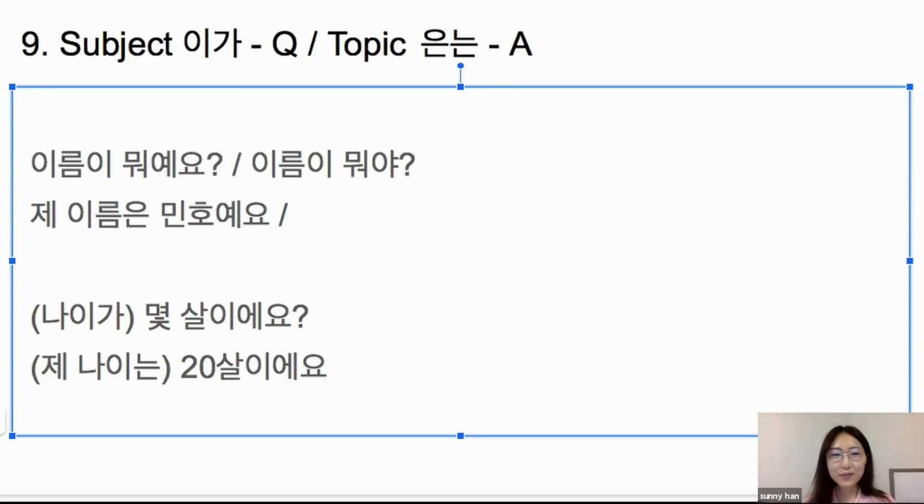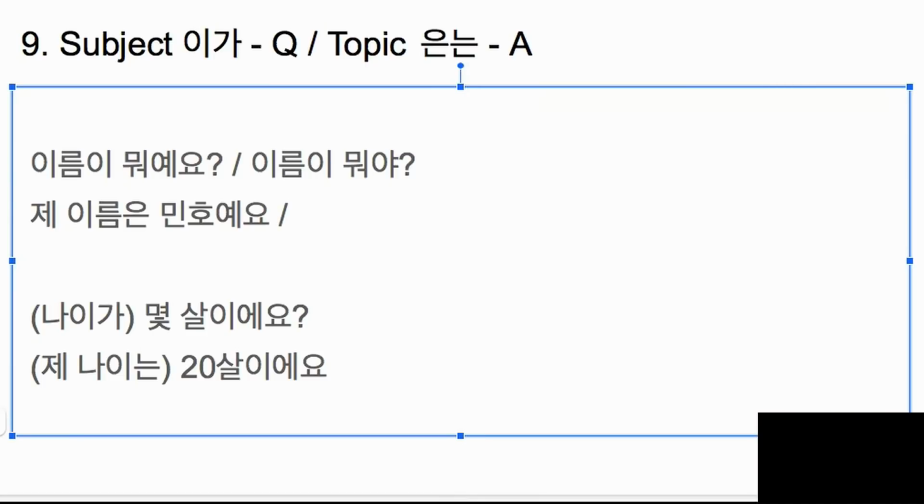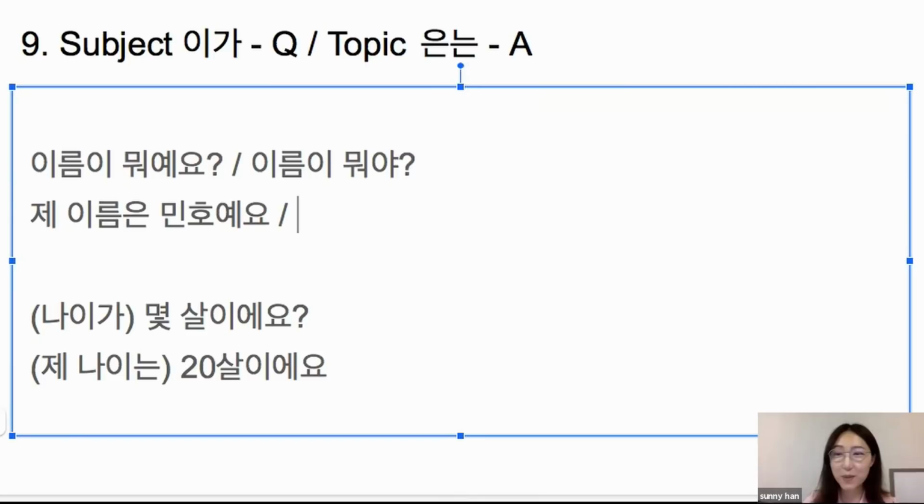For example, in school, a senior comes to you, a male senior who looks like he doesn't study that hard, a bad boy. He comes to you and says 너 이름이 뭔데?